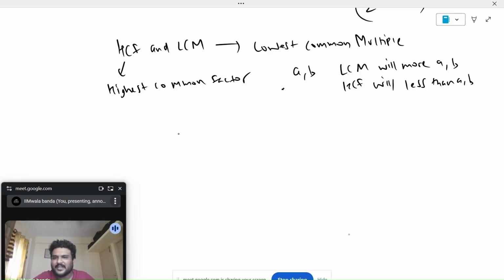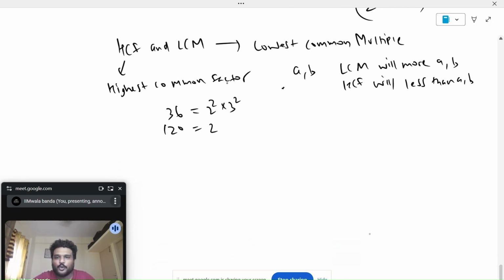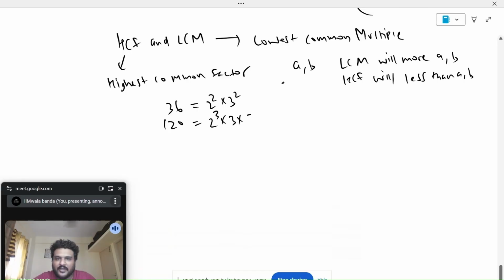So let's understand it taking our two numbers, 36 and 120. We know that 36 is 2 square into 3 square, and 120 came as 2 cube into 3 into 5. When you take LCM, you take the highest powers of all the numbers. So 2 has highest power of 3, 3 has highest power of 2, and 5 has highest power of 1.